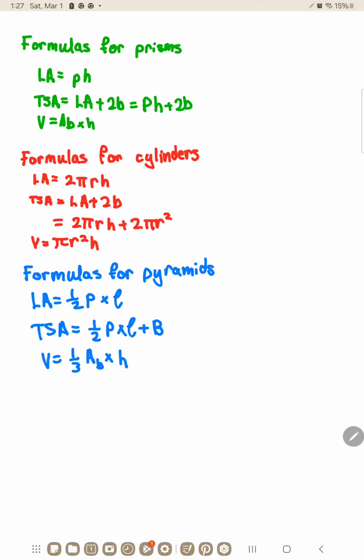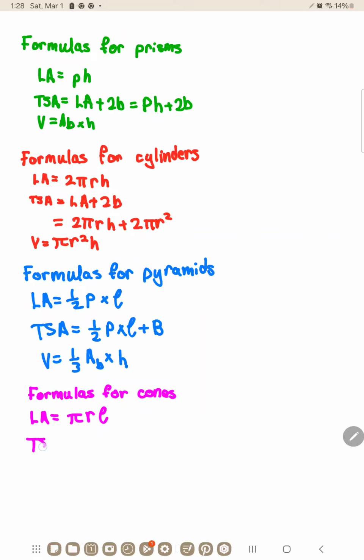That's it for pyramids. Now we have formulas for cones. Lateral area equals pi r times the slant height.